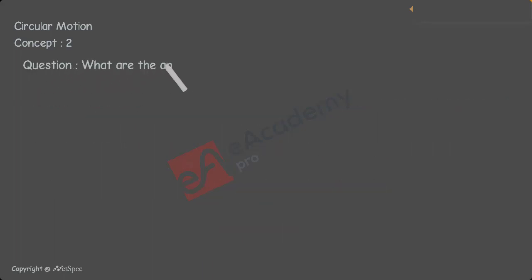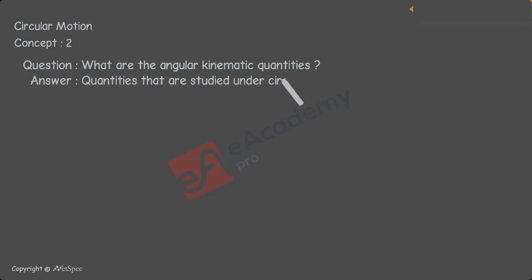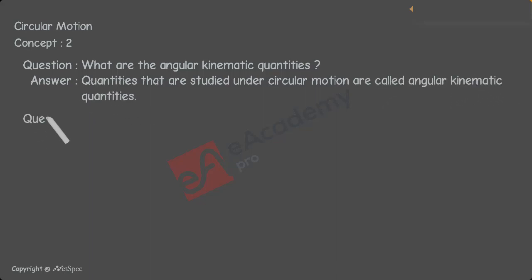What are the angular kinematic quantities? Quantities that are studied under circular motion are called angular kinematic quantities. How can we study the linear kinematic quantities?